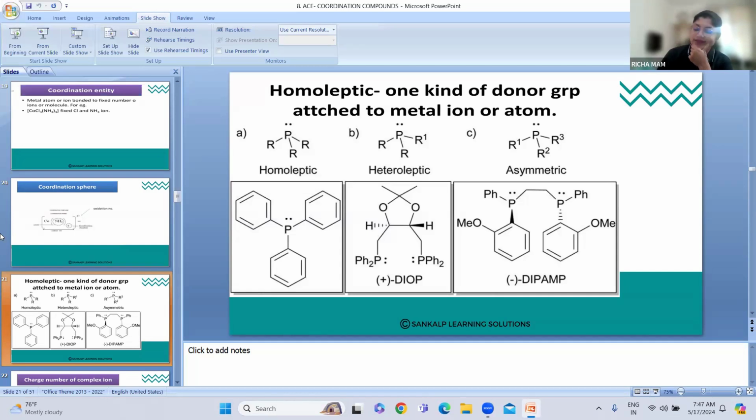Homoleptic means complexes in which the central metal is attached to only one type of ligand, or only one kind of donor groups are present.